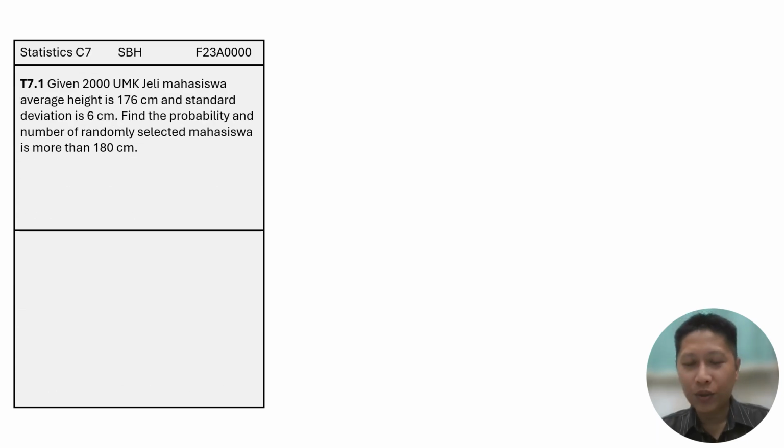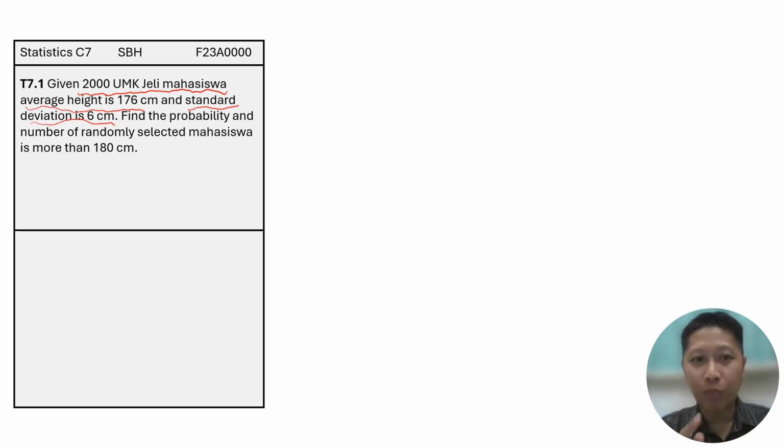Now you want to start solving the tutorial questions. The first question is 7.1, related to the normal distribution, the gray color problem, to find one individual. This question is the same as the box questions just now. Given there are 2000 UMK Jeli students, and their population average height is 176 cm and their population standard deviation is 6 cm.